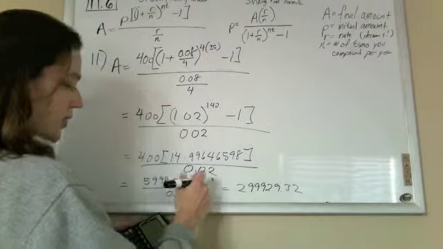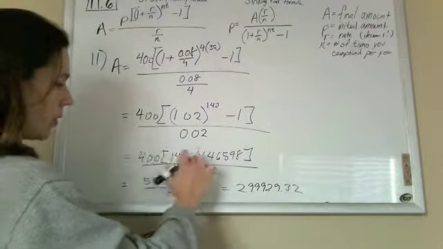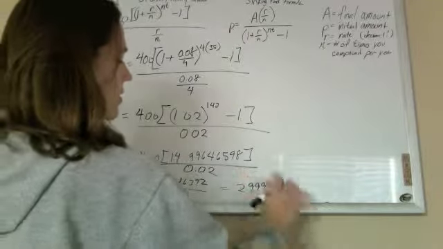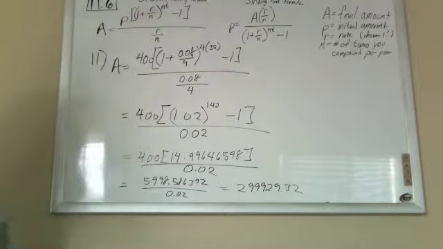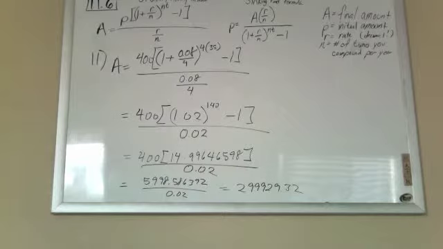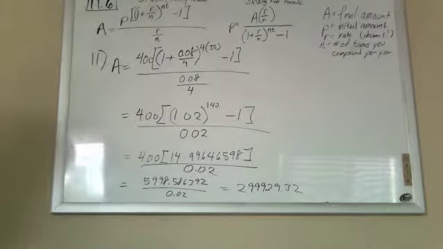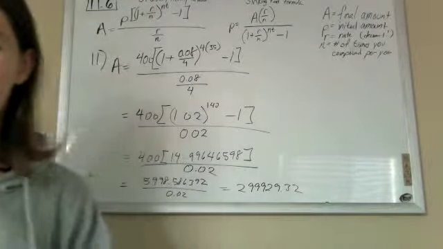So you don't really have to write out that last step. Your calculator will hold that value, but just in case you got that, you just check that. It's looking good. So yay.